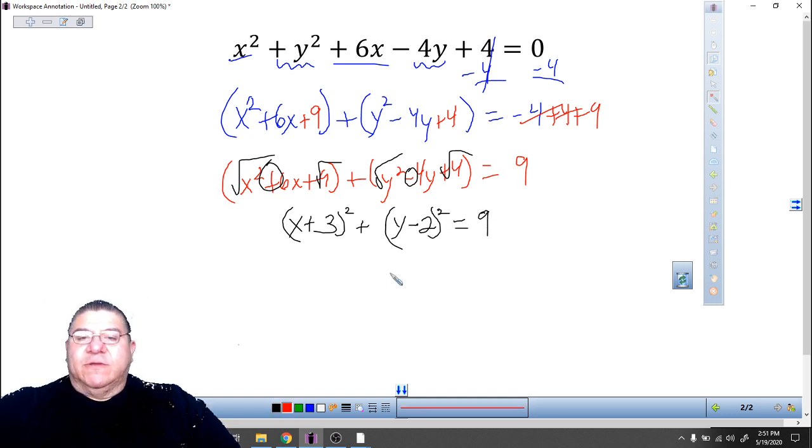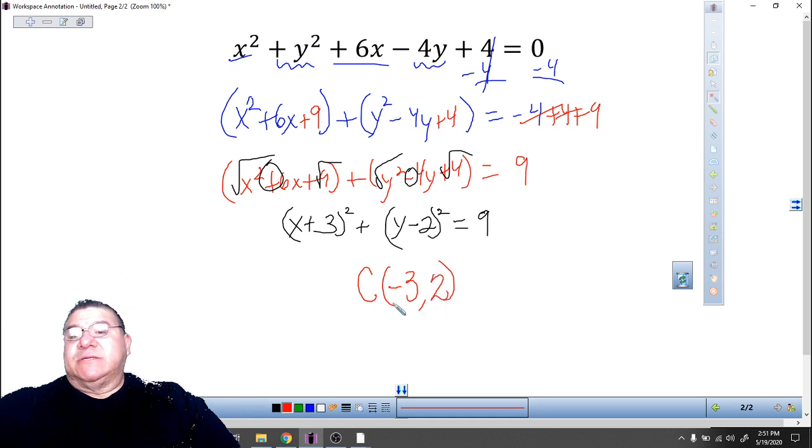Alright, to graph that, we need a center. We got x plus 3 squared. So this should be a negative, and it should be a negative 3, but since it's a positive 3, our first value is negative 3. This one is already a negative, so the y value is 2. So our center is negative 3, 2.